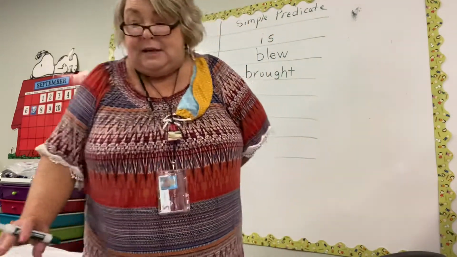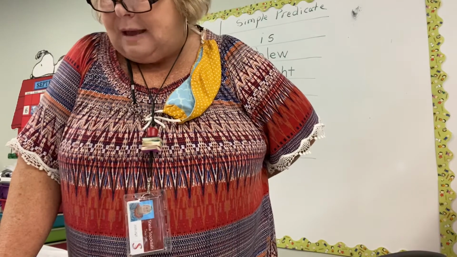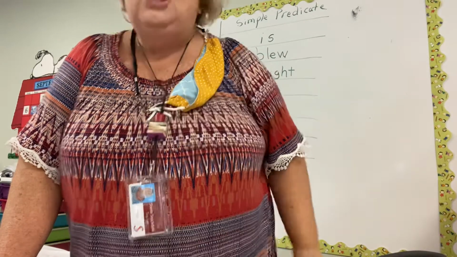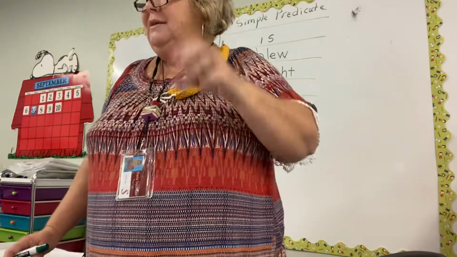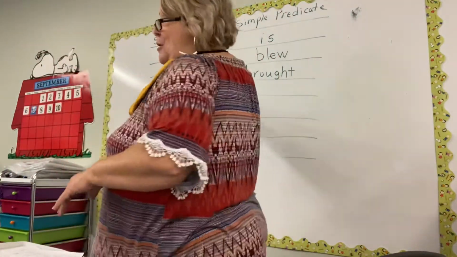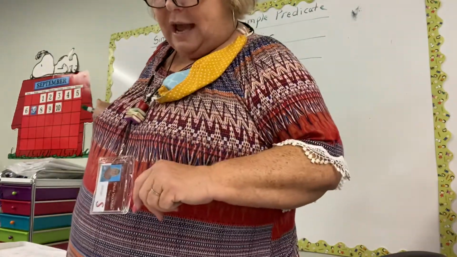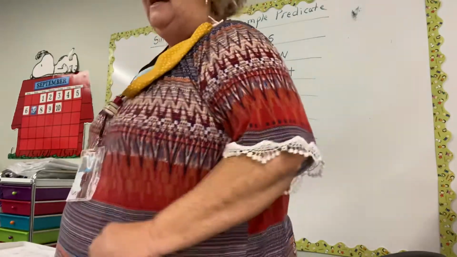All right. So down here, it says draw a line between the complete subject and the complete predicate. So we're going to do that first because that helps you know which part goes on the subject side of this and which part goes on the predicate side. And after we draw the line, we're going to write the simple subject on the diagram and the simple predicate on the diagram, okay?